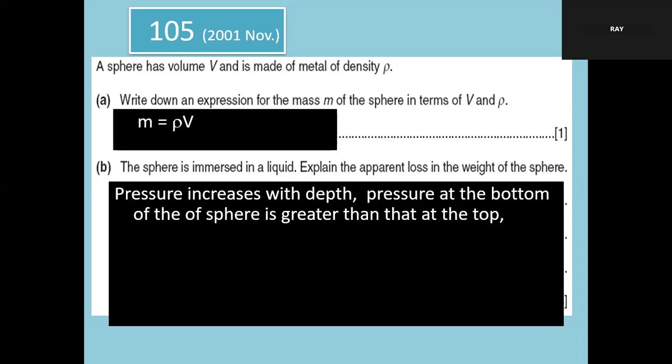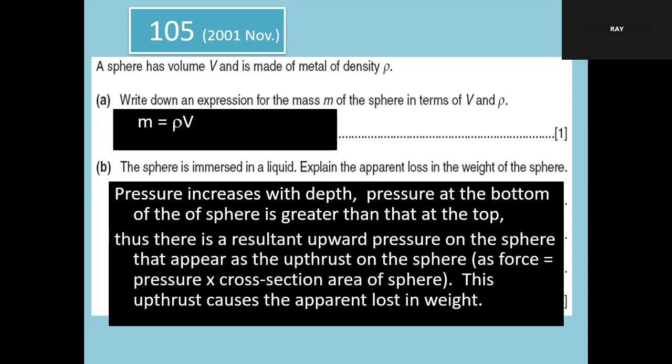Pressure at the bottom of the sphere is greater than the pressure at the top. Thus, the resultant upward pressure on the sphere appears as upthrust on the sphere. Force equals excess pressure times cross-sectional area of the sphere. This upthrust causes the apparent loss in weight.